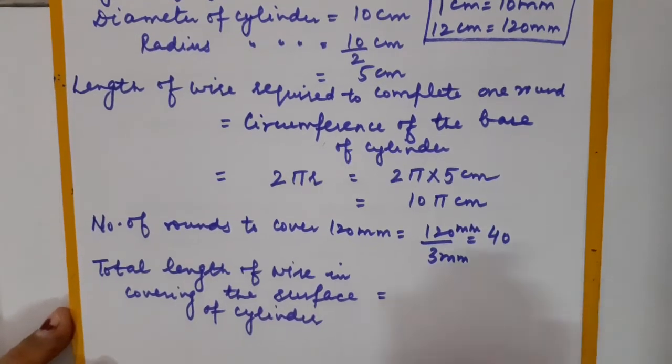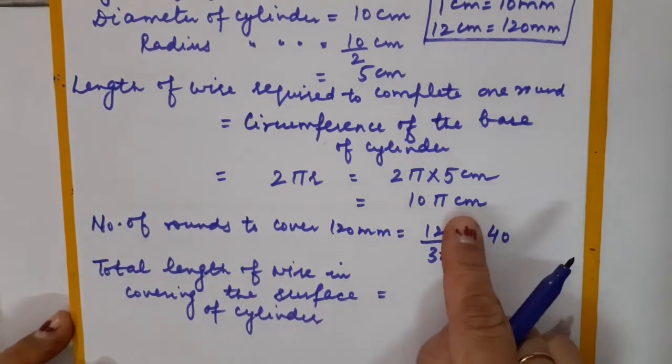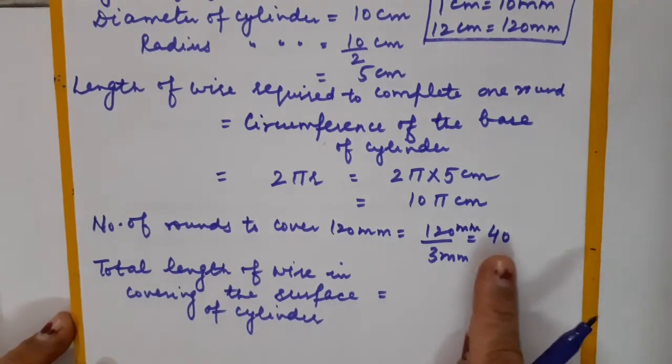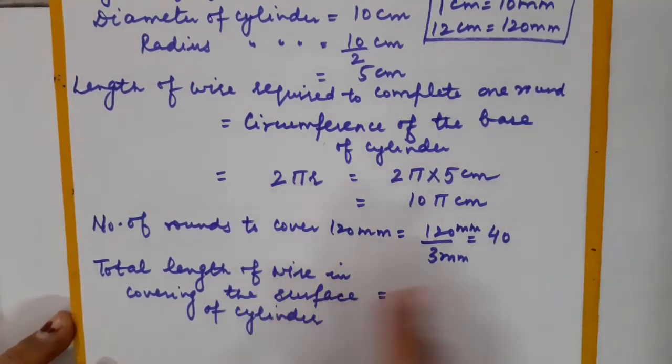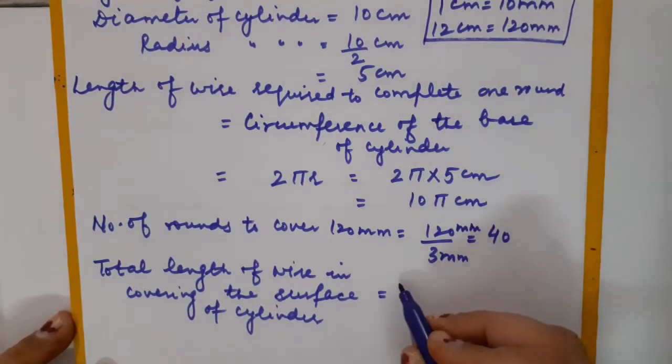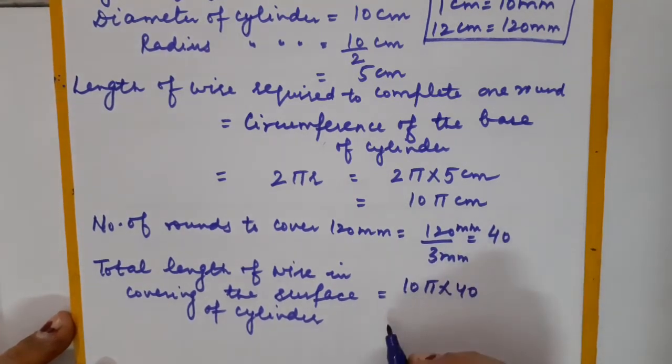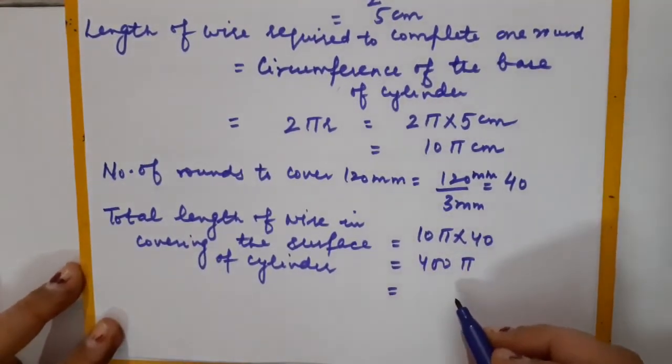How much is the length of the wire when it took one round? That is equal to 10 pi. So it must be multiplied by 40. What is that 40? 40 is nothing but the number of rounds which are taken by the wire to cover the complete curved surface area of the cylinder. So it must be 10 pi into 40. That is equal to 400 pi. So let us insert the value of pi.